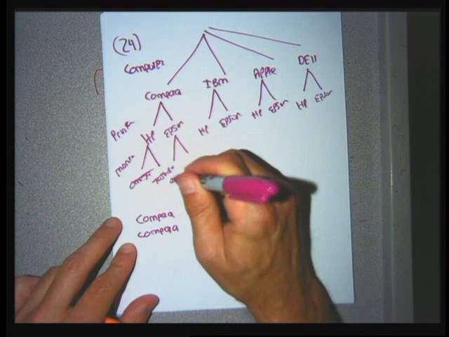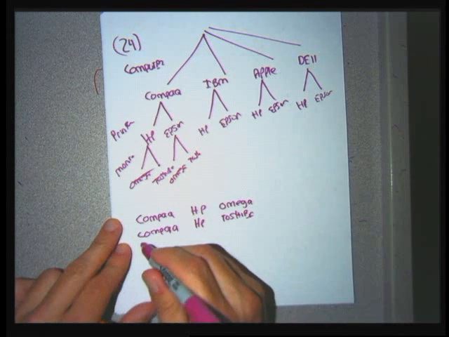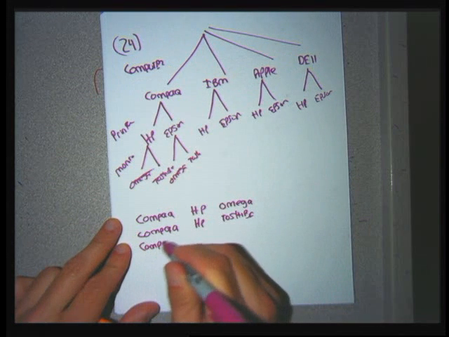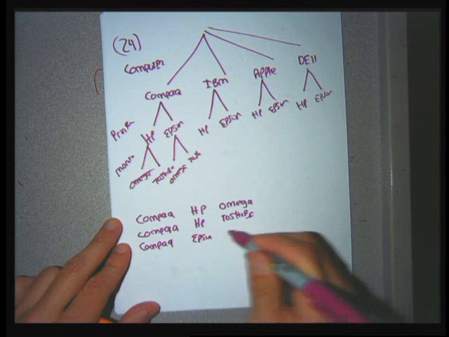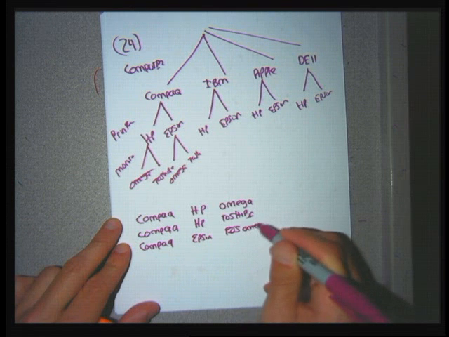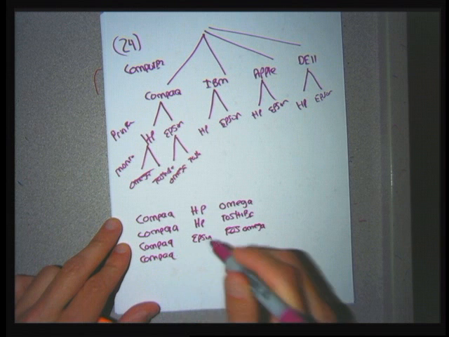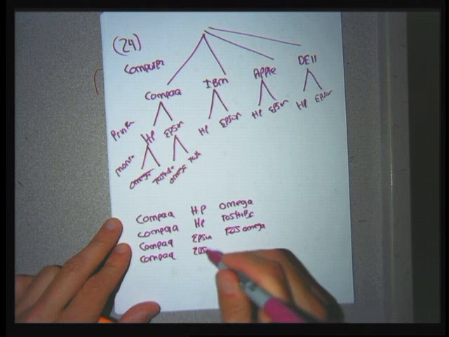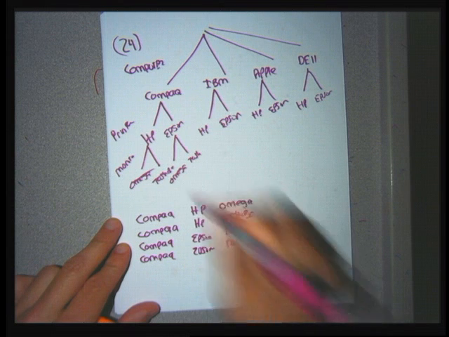Under this, I'm going to write Omega and Toshiba, and that's going to represent getting a compact computer, an Epson printer, and a Toshiba or Omega monitor, or a compact computer, an Epson printer, and a Toshiba monitor.